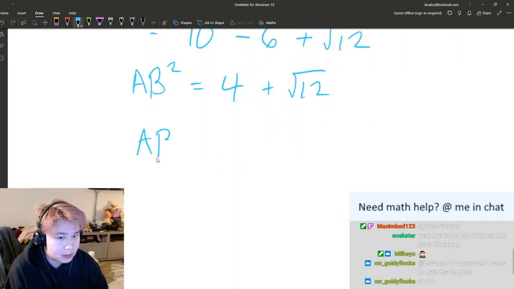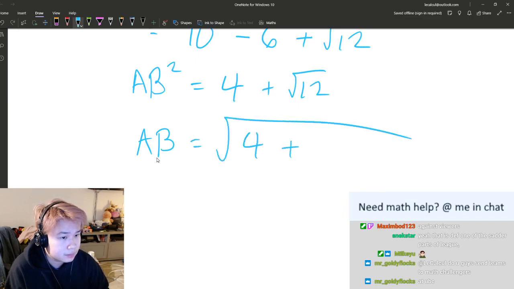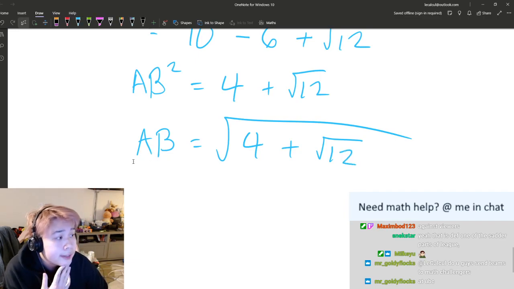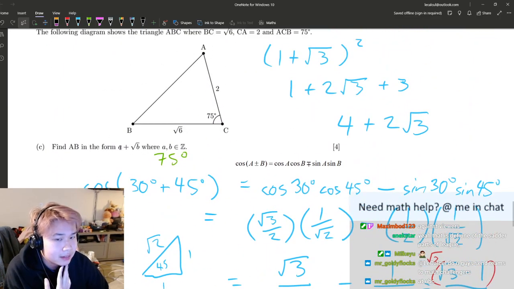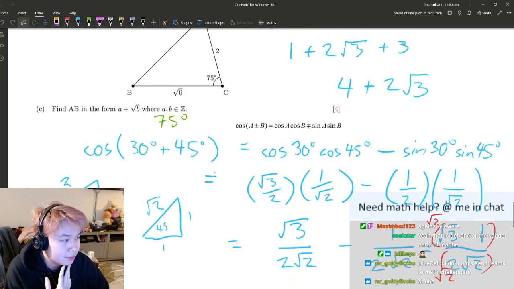So then AB is the square root of this stuff. And then I want to write this as a whole integer plus just the square root.